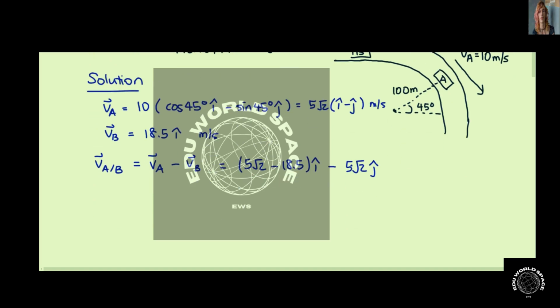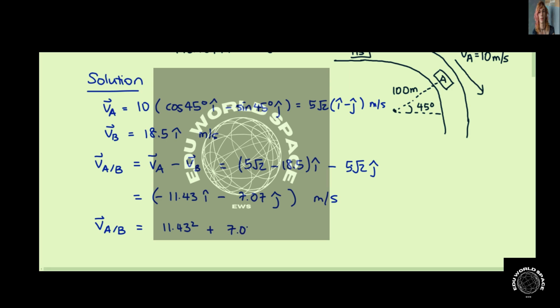And then in numbers, evaluating the numbers, you get negative 11.43 I hat minus 7.07 J hat, meters per second. So the magnitude, you just use Pythagoras theorem: you square the components, sum them, and then take the square root.